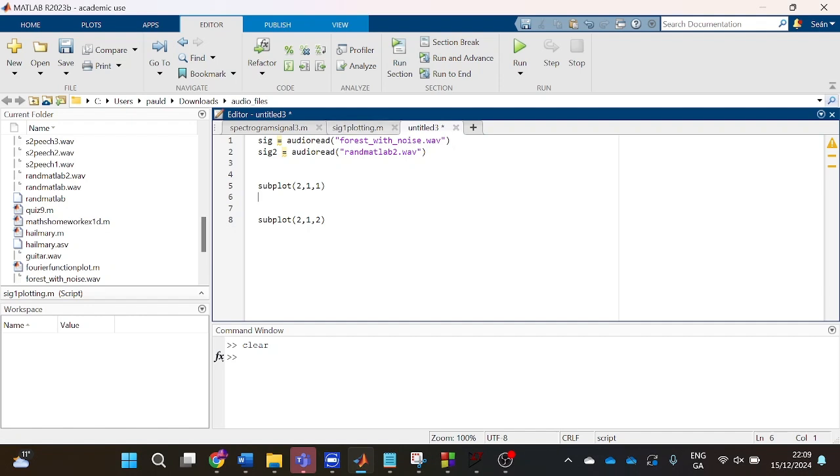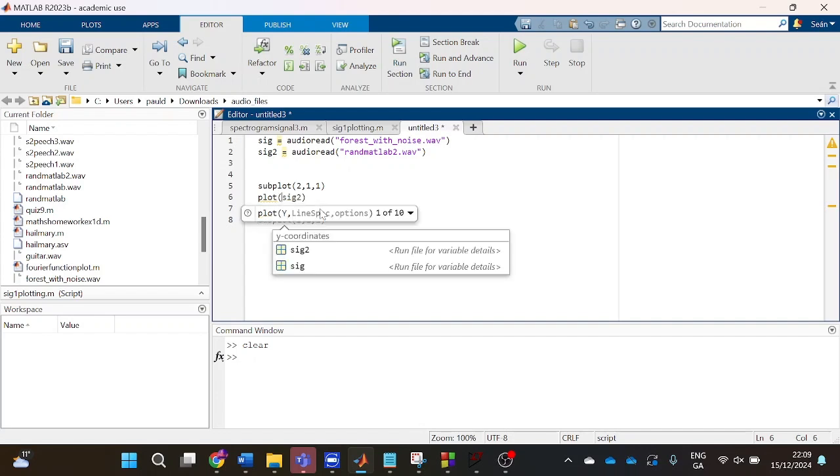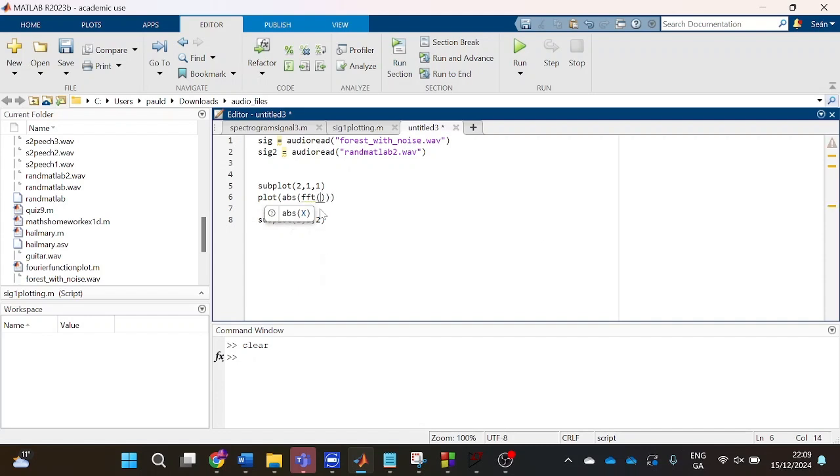So if we go into Matlab, we've got it set up here already. So what we're doing is plot the FFT of the signal. Okay, and then we save.